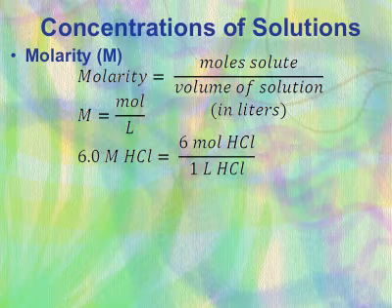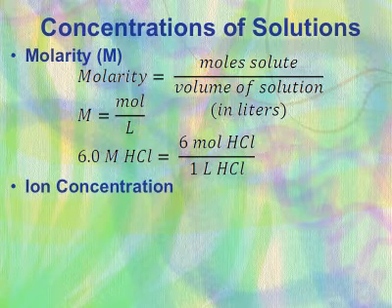But we're not always dealing with just molarity. Sometimes we are talking about something called ion concentration. When you take hydrochloric acid, to make it an acid, we know that it dissociates into hydrogen and chlorine, right? So sometimes you're going to be asked what the ion concentration is of a solution. To figure this out, it's actually pretty easy.